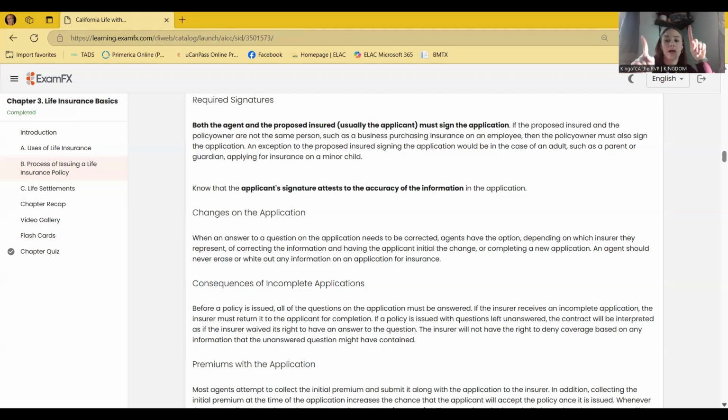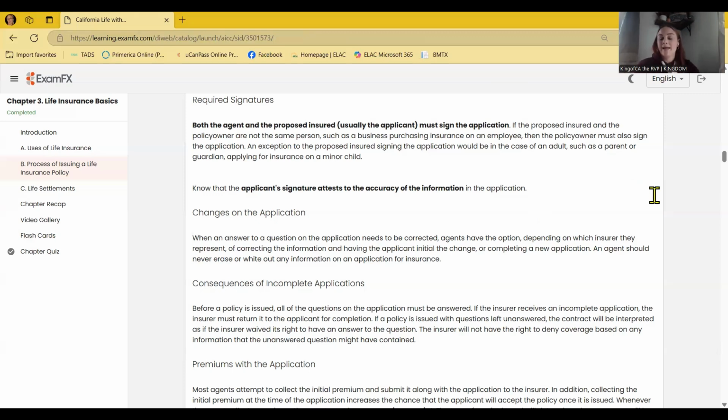The agent is sitting down with the husband and wife, and the husband is intending to pay for this and is applying, but it's on the wife's life. We need to have all three of those parties' signatures. So anybody's name who is on this application, whether it's the policy owner or the insured person, unless they are a minor, needs to sign this contract, okay, this policy.